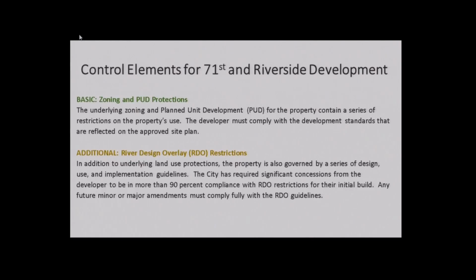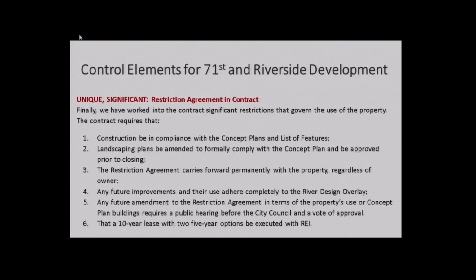And since the council's passage of that, the developer has made concessions and agreed to change their development that bring it more than 90% into compliance with the RDO restrictions compared to what they had initially proposed, something that is not necessary because this piece of property is grandfathered in because it had been acquired before the RDO was created. Could we go to the next slide, please? We'll deal with this one in a little more detail here in a moment.